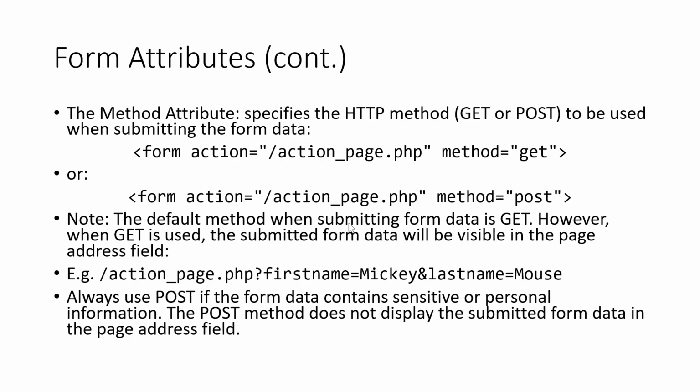For example, if you just send the first name and the last name, that information appears like this if you're using get, which is not a good practice if you are sending very sensitive information, for example, your username and password. In that case, you should use the post method.